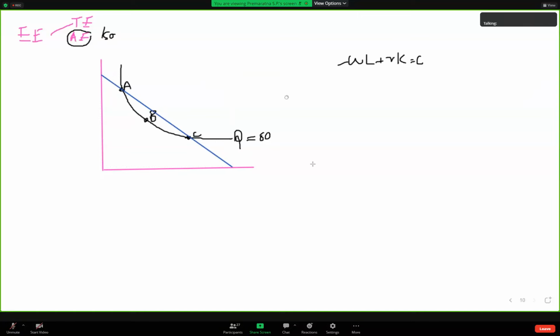Now, along this curve, what we call the iso-cost curve, is representing the allocative efficiency.